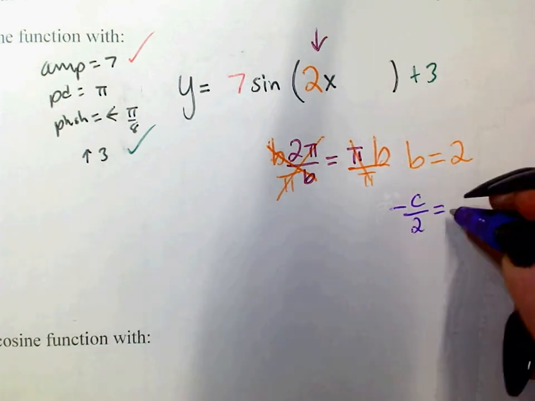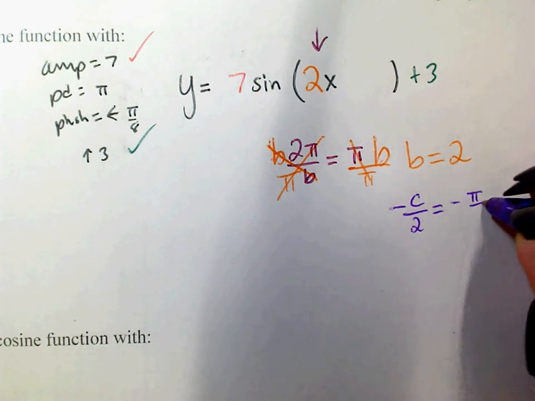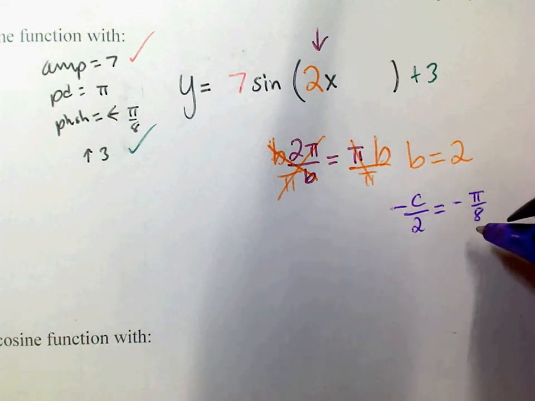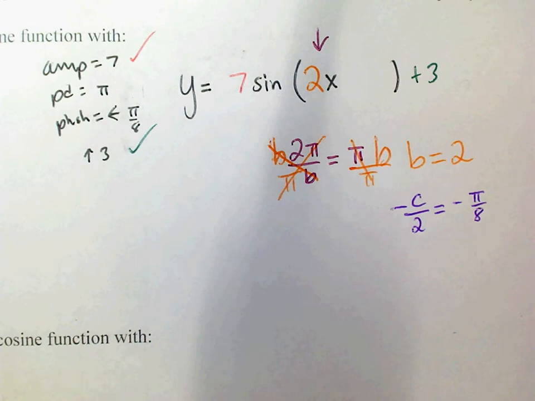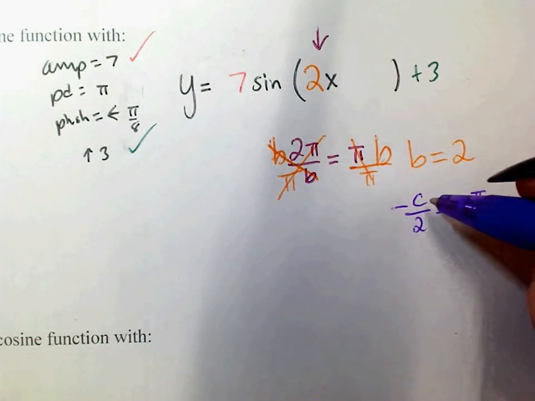So remember that the formula for phase shift actually includes the direction, so it would be negative pi over 8. Are y'all with me on that? This is not the method I'm going to use in the future. Marion picked out the one that we were going to use, but we'll do that in a second. How do I solve for c?